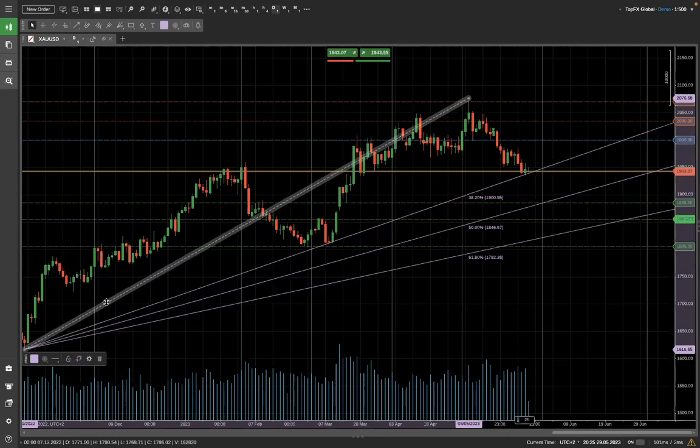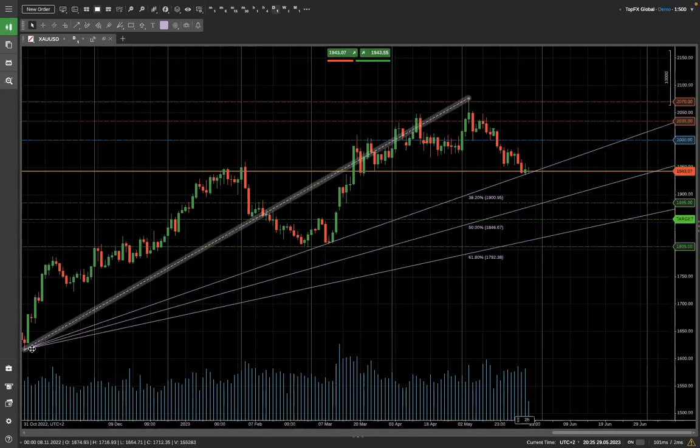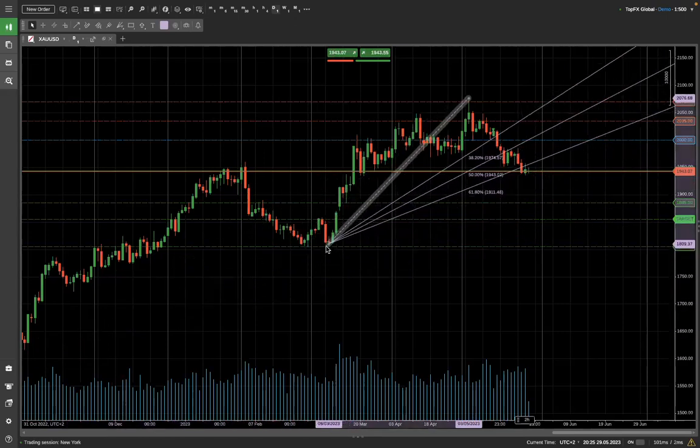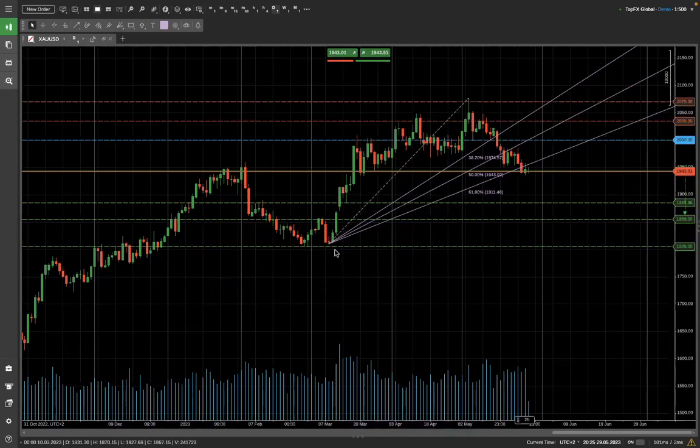Very interesting already, but I want to move my low here. It might be not that perfect because it's a kind of a long time period. So you can see 38% bounce, but didn't work. 50% bounce, didn't work. Then test from below, rejection, and now breakout below 61%.